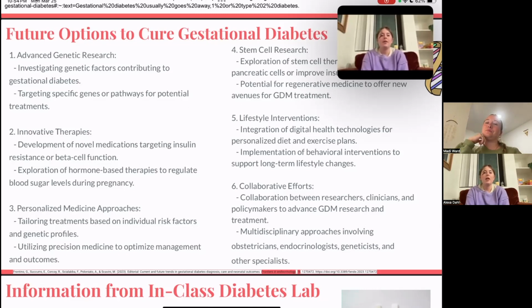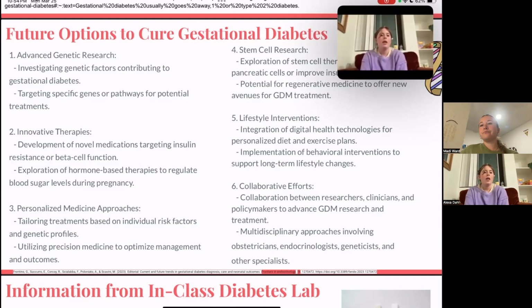This is very treatment and also like trial based currently, and isn't regularly practiced with pregnant women just because they don't know the full effects it has on the babies quite yet. But in the future, it will hopefully be a little bit more developed for the mothers to prevent diabetes.